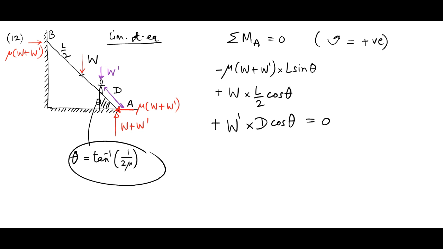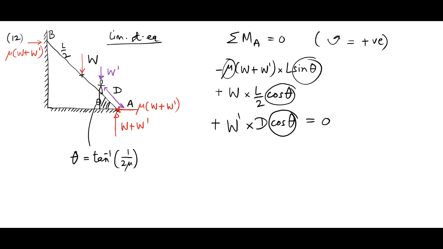Now I do have mu over here and I have theta over here. Since mu and theta are here too, rather than having mu as well as theta, a better approach would be to either express theta in terms of mu or mu in terms of theta. That would make the equation less complicated.